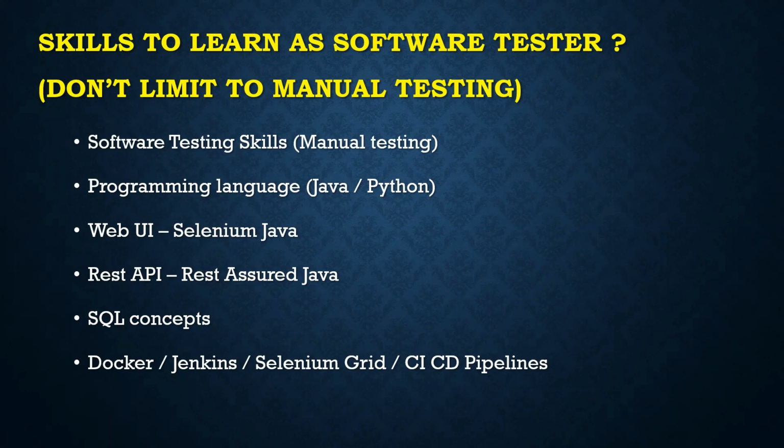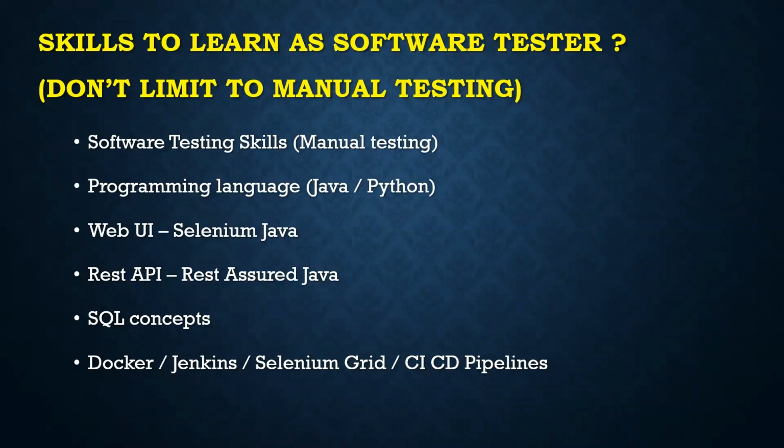And REST API automation we can do using the REST Assured Java library. Other programming languages have other libraries, so we can Google about it to learn about that. SQL database concepts are also important. In any project, we are going to do all these things, but if your project is not having them and you want to be relevant in the market, you need to spend some time to learn these things.